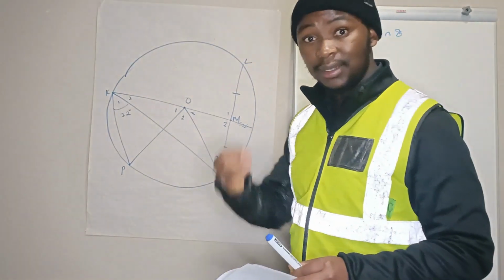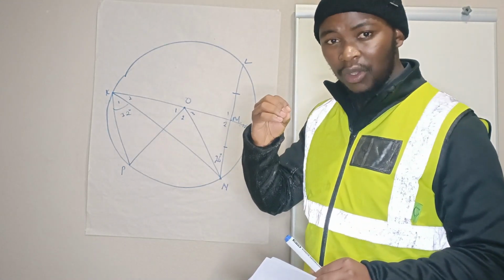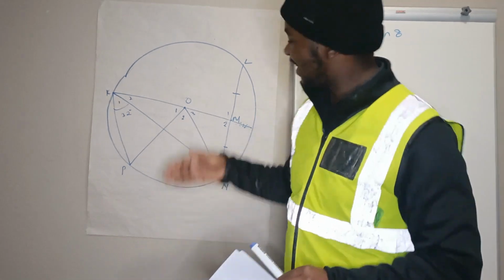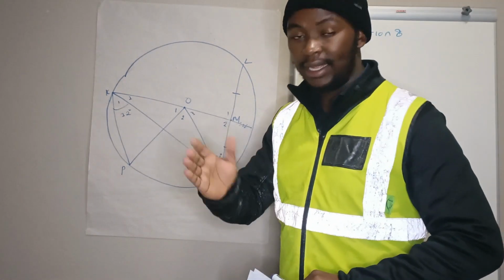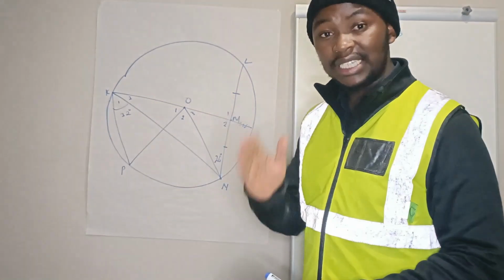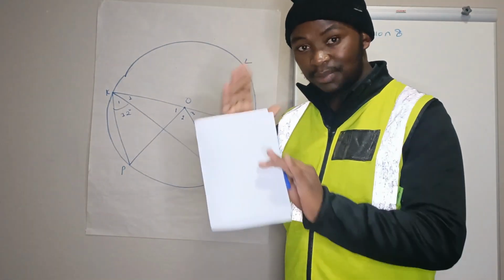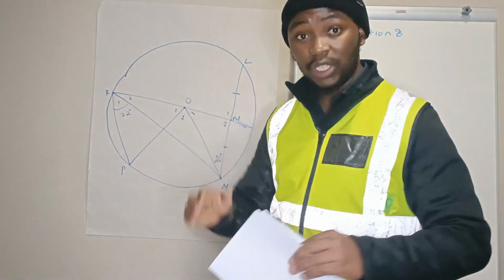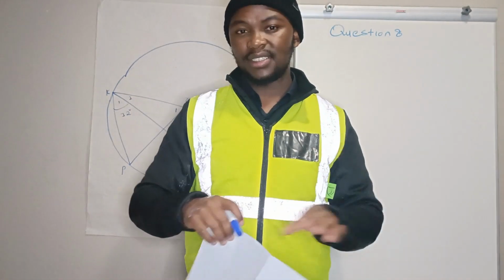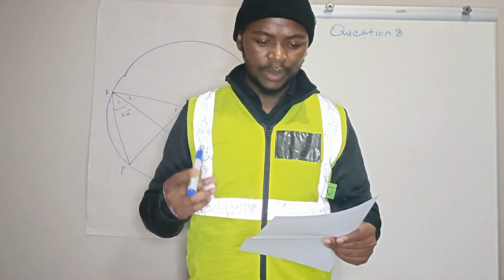Also, the most basic thing you need to understand is that when you bisect a line, you are cutting it into two equal angles. It can be 90 degrees, it can be various angles. All right. Now that we've cleared the air on what bisect really means, let's move over to the next parts.